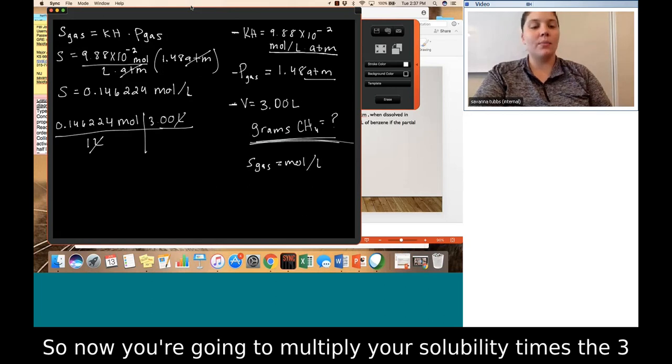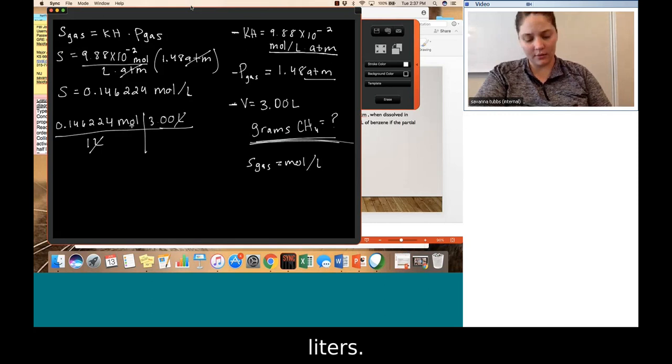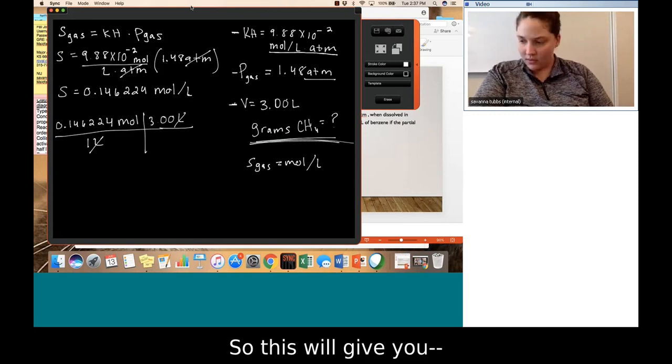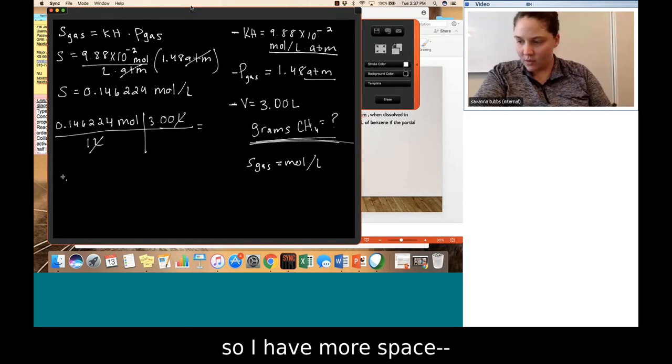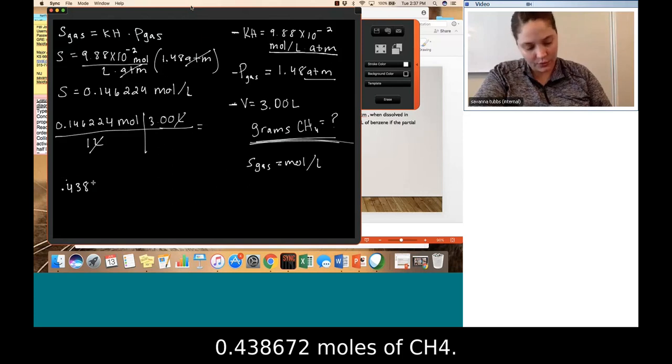So now you're going to multiply your solubility times the 3 liters. I'm going to go ahead and write it down here so I have more space. This will give you 0.438672 moles of CH4.